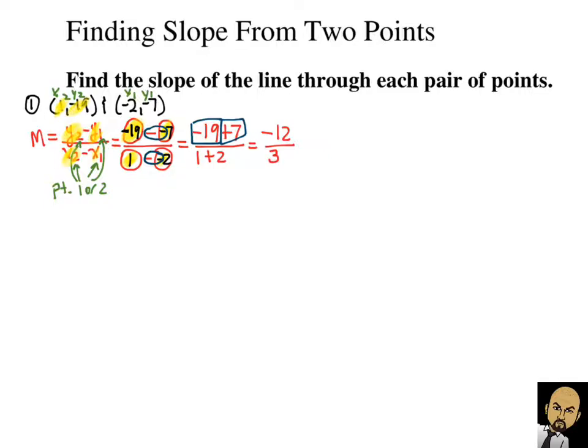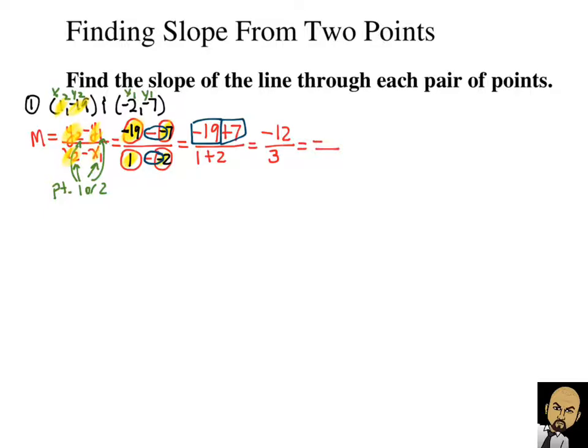But one of the most important things that you want to do is simplify your answers, because if you don't simplify it, you're not going to get it correct. So can we simplify -12 thirds? Is there a value that we can divide both the numerator and the denominator by other than 1? Of course, it's going to be 3.